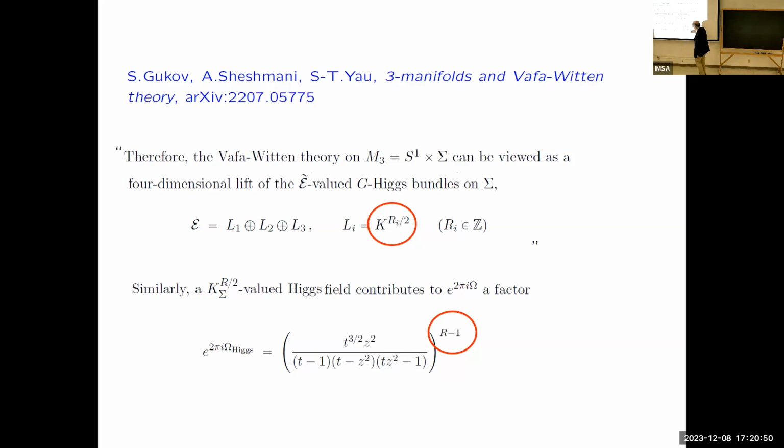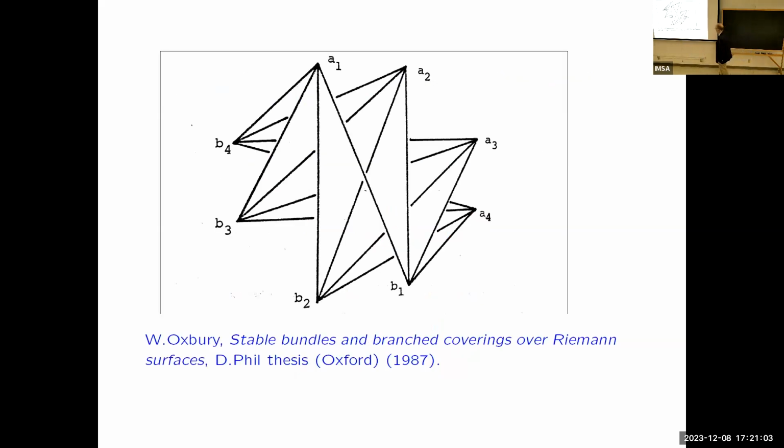But that means that maybe it's more interesting to look at the case R equals 1, which is what I'm talking about today. So that's one reason for maybe investigating this. Another is that a long time ago, at the time that I was writing first papers on Higgs bundles, I had a student at Oxford who wrote his thesis, which included a section on this sort of thing, and included this configuration of points and lines.